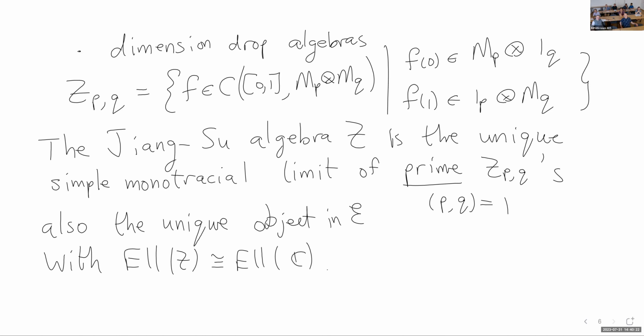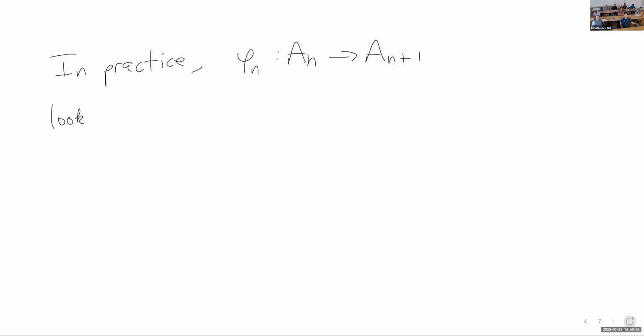Okay, so let's now discuss what the connecting maps, as they're called, typically look like. In practice, this map, phi n, from one sub-homogeneous algebra to another, looks like this. So phi n is applied to some function in here.